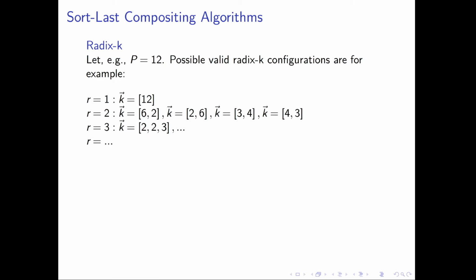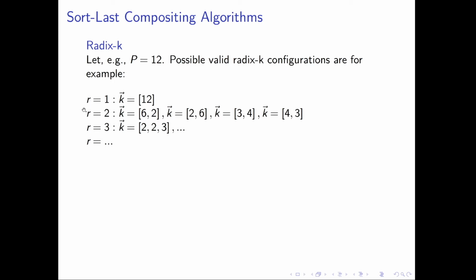Here's a simple example. Say we have 12 processors, and I want to note here that P is not a power of 2. The possible radix-k configurations for that would just be all possible factorizations given the rounds that we choose. For instance, if we decide that we want to construct an algorithm with only 1 round, then the size of the communication group on that single round would be 12, and we effectively would perform a direct send.